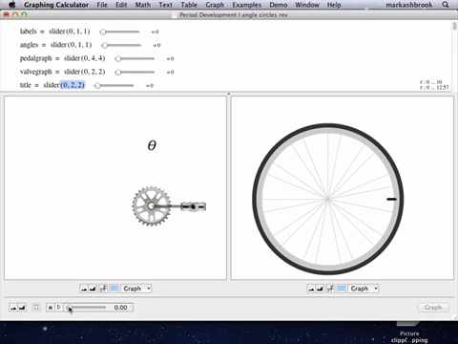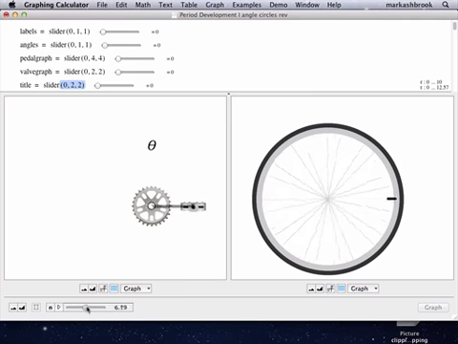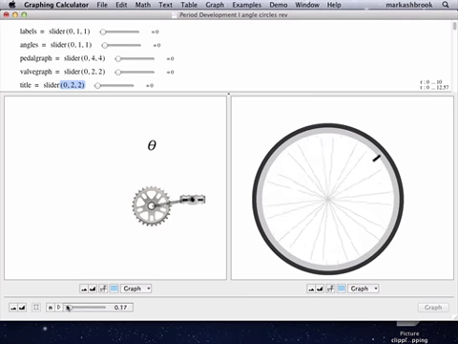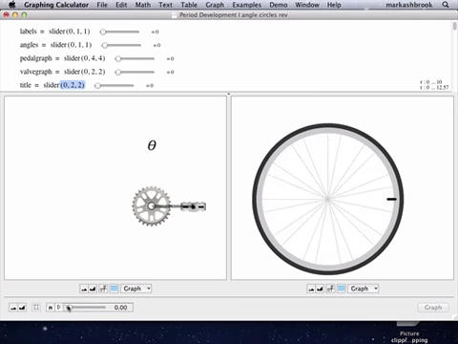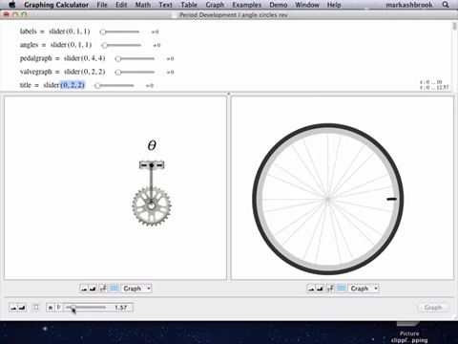2 pi over 4. Anybody else? What angle of the pedal will result in 1 full rotation of the tire valve?